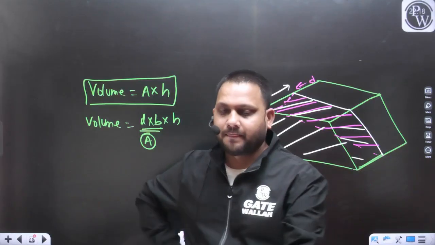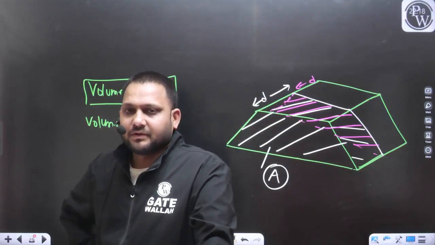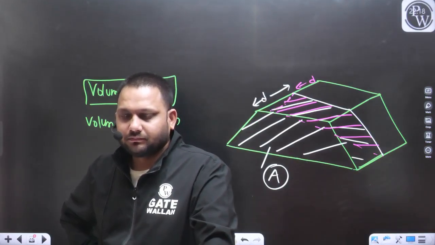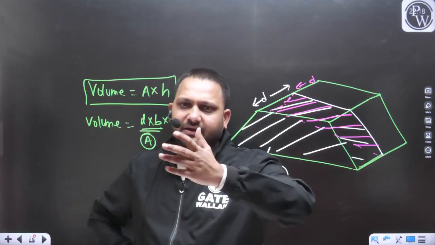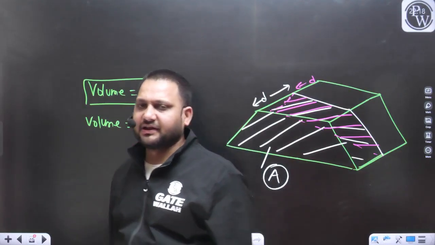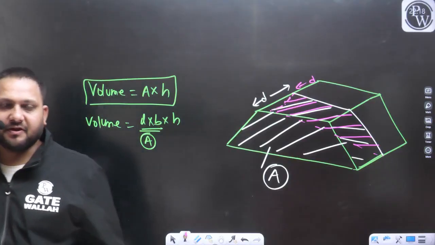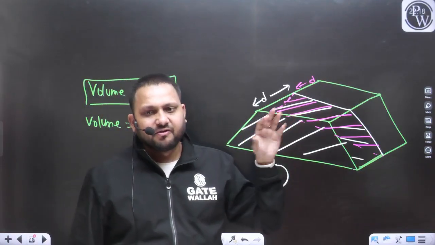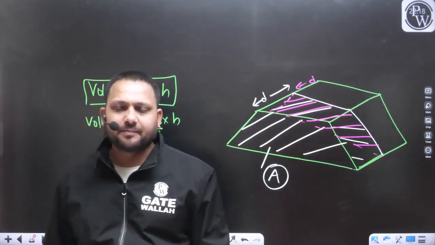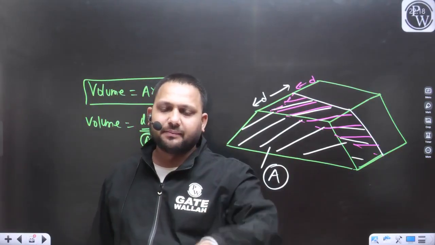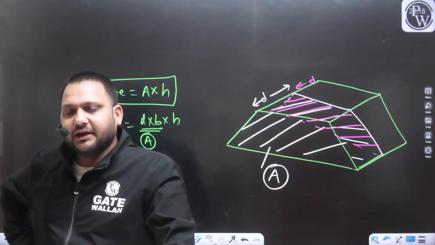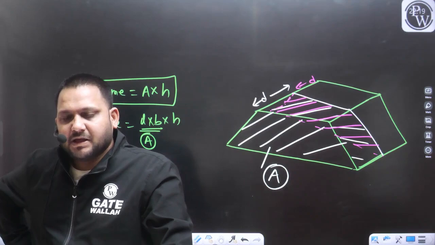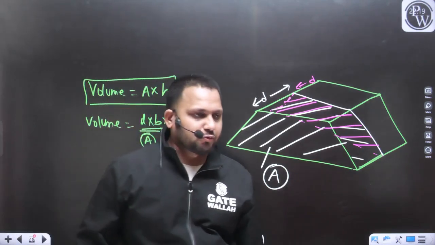If the height is uniform and the surface is leveled, we can calculate the volume in a single step. Area into third dimension will be equal to the volume.